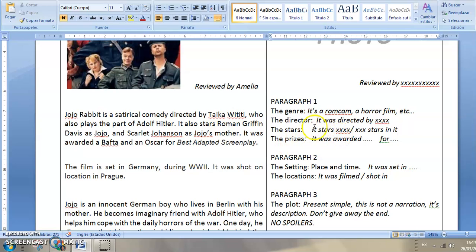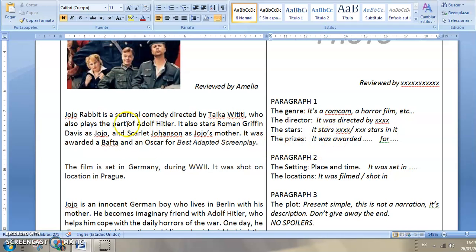We can say it stars, in this case, Scarlett Johansson, or it stars Roman Griffin Davis as Jojo and Scarlett Johansson as Jojo's mother, or you can also say Scarlett Johansson stars in it, right?